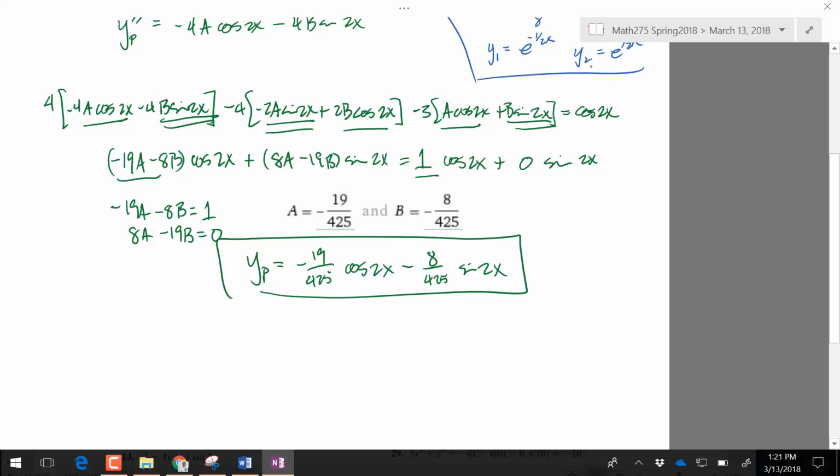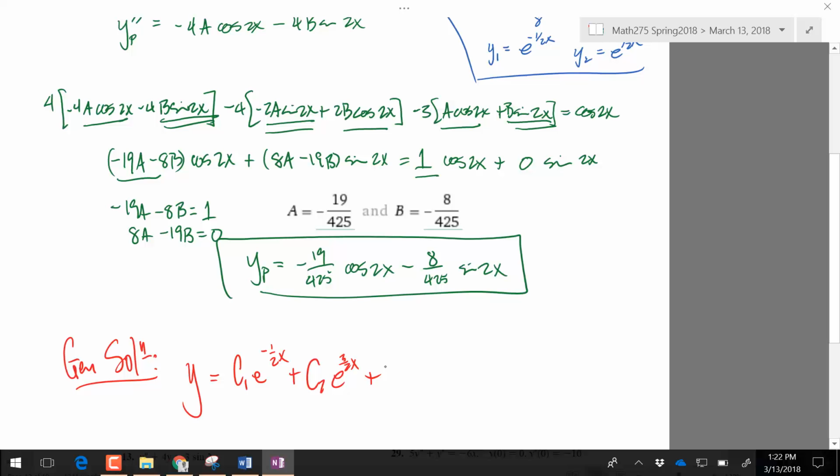Keep our y1 and y2. That's our fundamental solution. So we got our arbitrary constants, C1 e to the minus 1/2 x, plus C2 e to the 3/2 x. So that's the solution to the homogeneous differential equation.